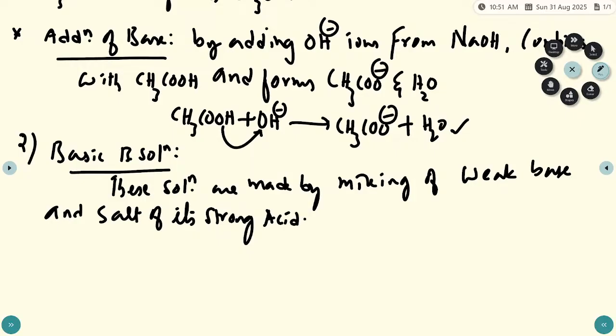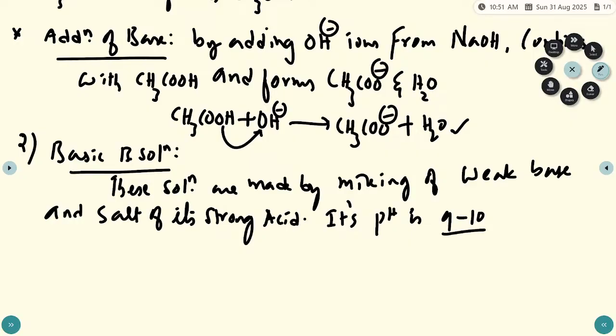Okay, strong acid. So its pH is, you wrote earlier, for acidic buffer solution what is the pH? 4. And here its pH is 9 to 10. So these basic buffer solutions maintain constant pH 9 to 10 and acidic buffer solutions maintain pH 4.